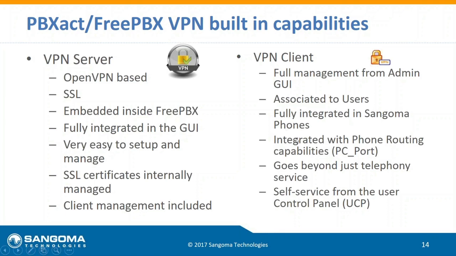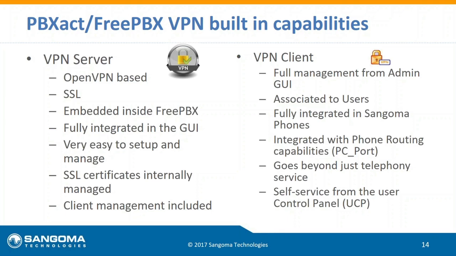It's fully integrated in the Sangoma phones, as I said. There is also a routing component built into the phone that allows you to extend the VPN reach to whatever you connect to the PC port of the phone. So it goes beyond telephony service.